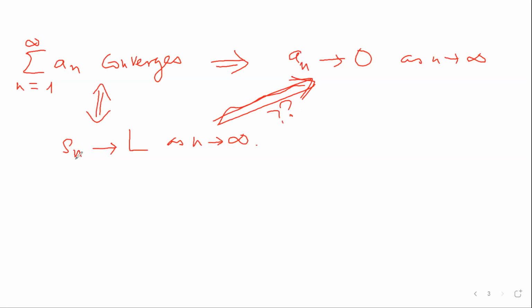From the fact that S_n converges to L, where S_n is a_1 plus a_2 plus up to a_n, why does this imply that a_n goes to 0?